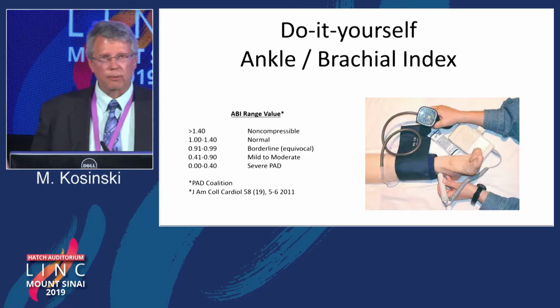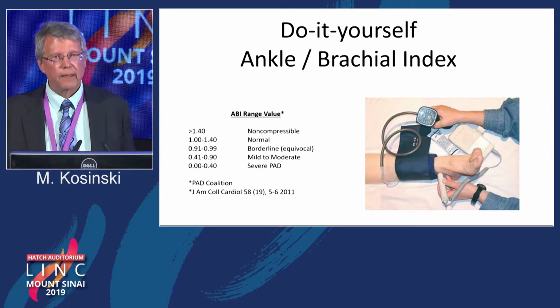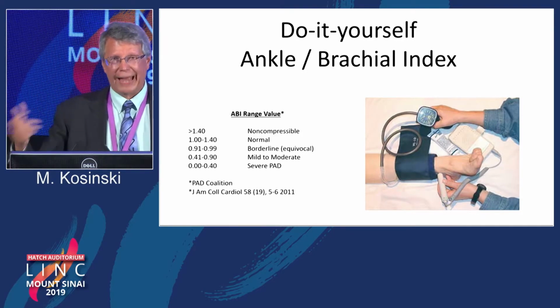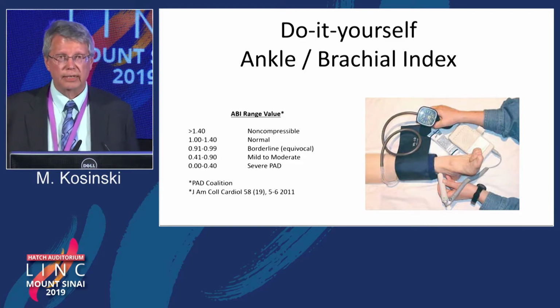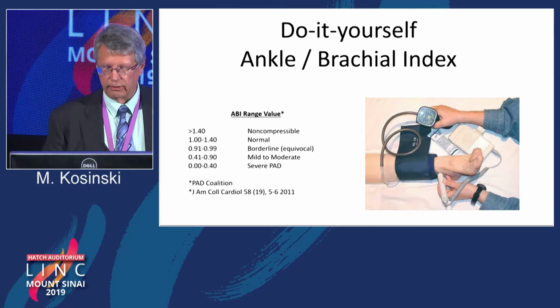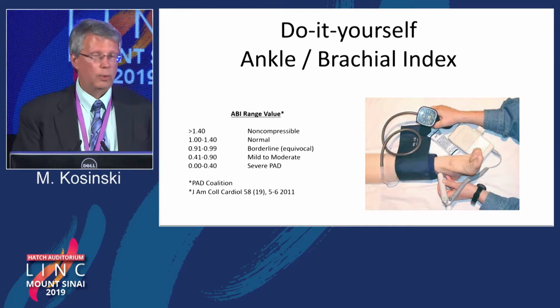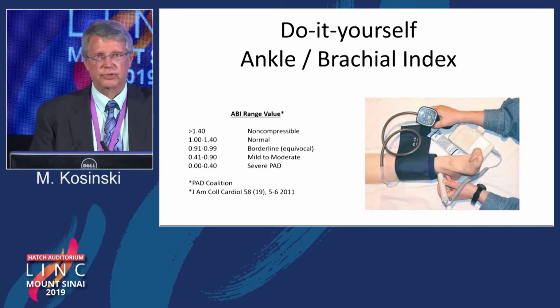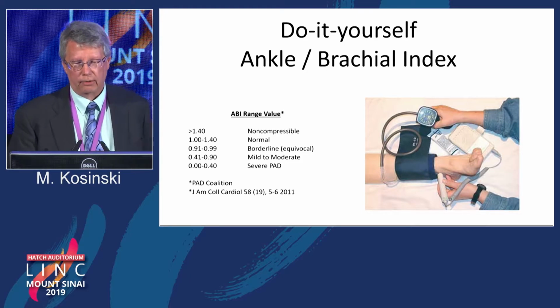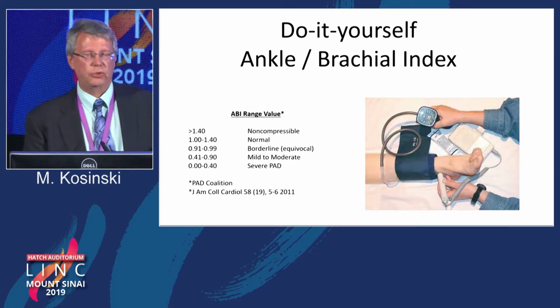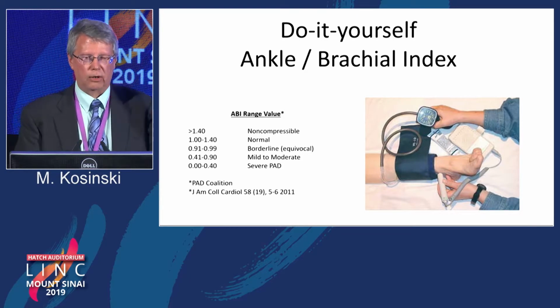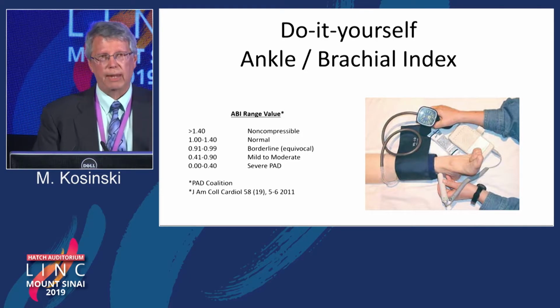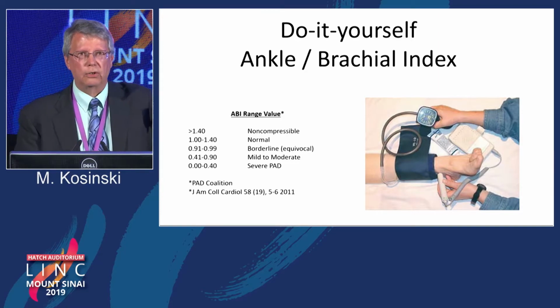Bring your stethoscope to every session of clinic and bring your manual, inflatable blood pressure cuff, because we can do our own ankle brachial indexes down in the clinic. We have the Doppler. We've already done our blood pressure, so we have our brachial systolic reading, and all we have to do is use the Doppler, which we have in the dispensary, and our inflatable cuff, and get our ankle systolic and do the math. They used to call it ankle arm index.